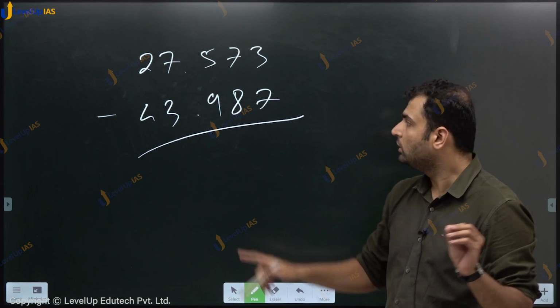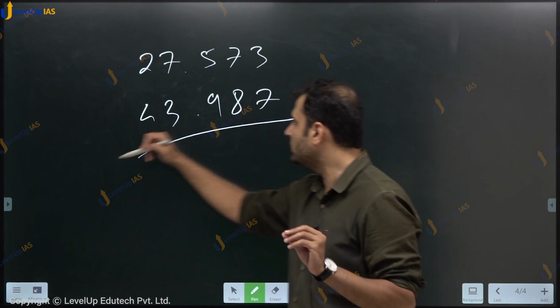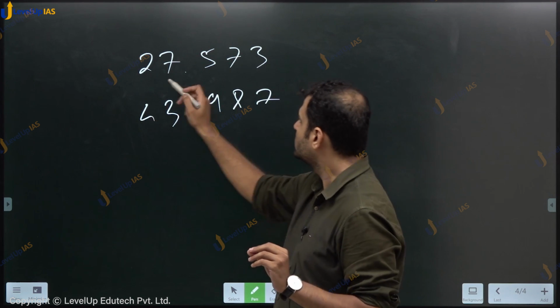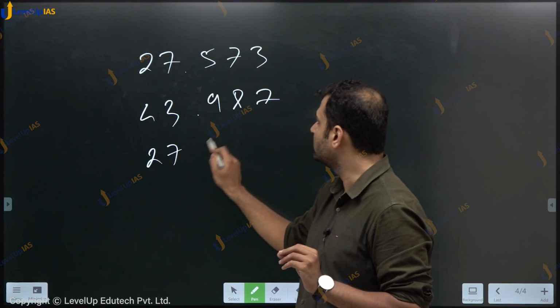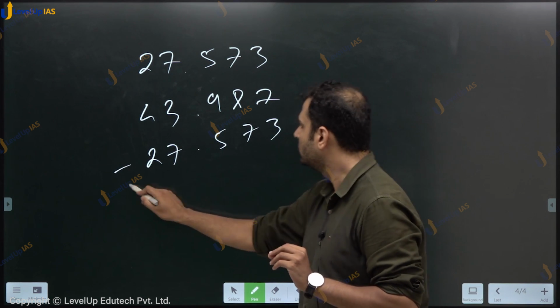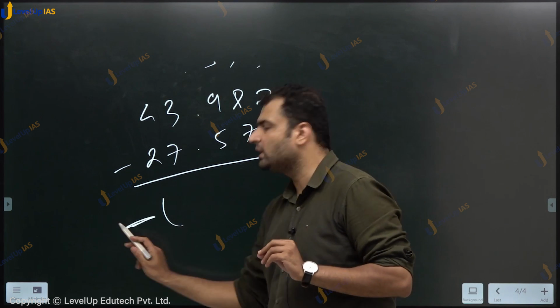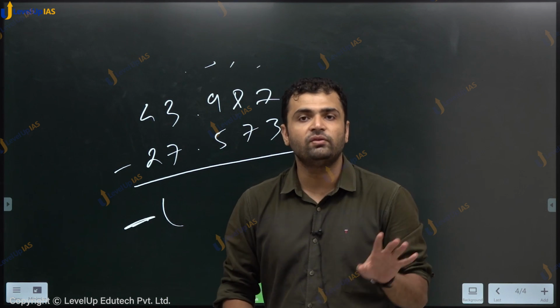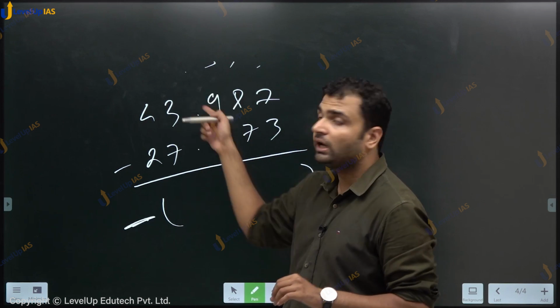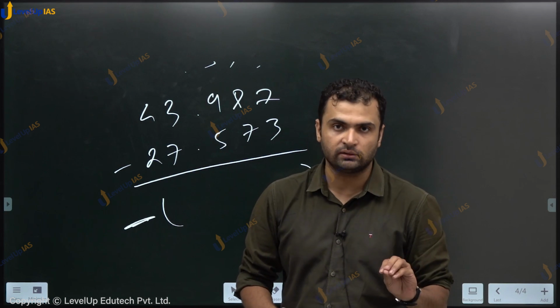What you need to do is forget about the negative sign, subtract the smaller number from the larger number, and whatever answer comes, ultimately give it a negative sign. That is something we have to do. Please don't directly subtract, you will get a wrong answer.